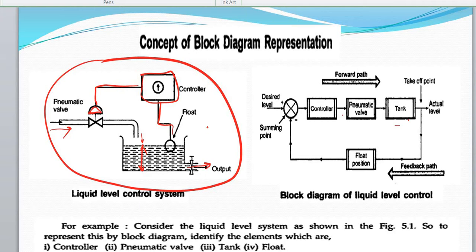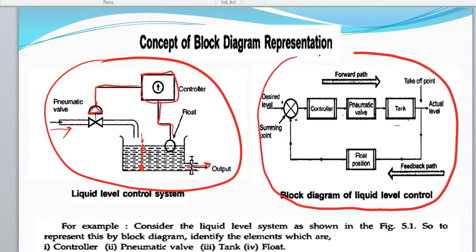This control system can also be represented in the form of a block diagram for analysis purpose. We will start with the input. The input to this system is the desired level of liquid in the tank. Then this is the summing point.